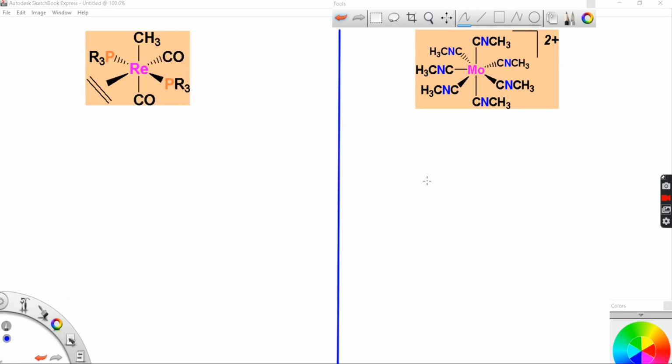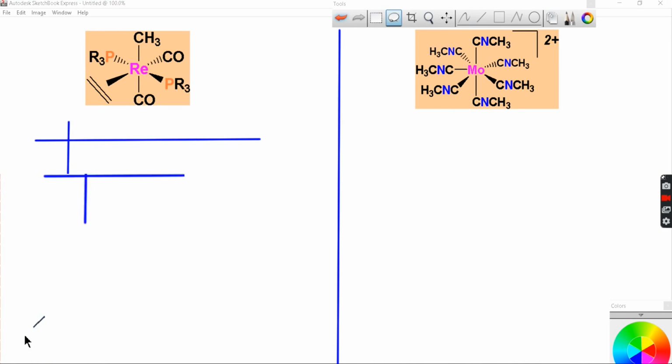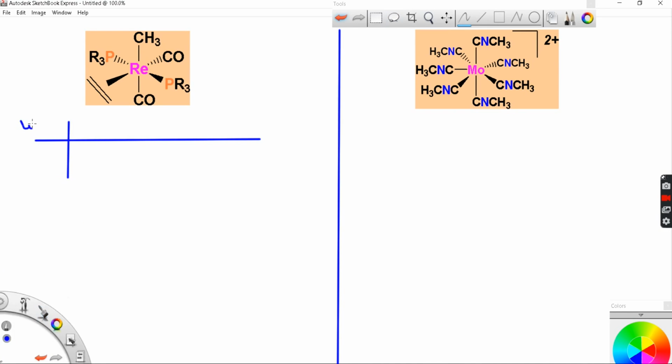Counting example. In the first, we have a Re center. First of all, we make the table: ligand, charge, and donation.